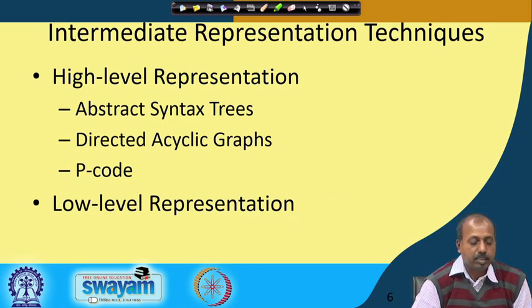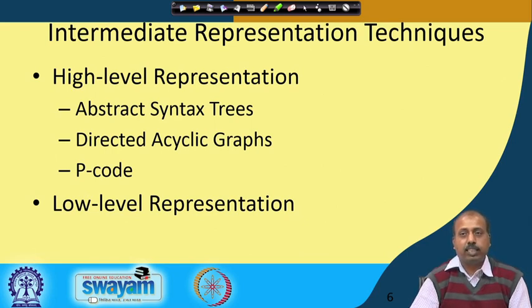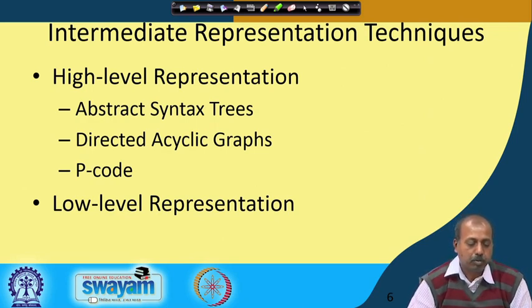So, abstract syntax trees: in some sense this is a representation of the parse tree. It is the syntax tree, and in some sense it represents the program. If you take the parse tree and convert the terminals into some other form, which may be a bit different from the source language, that may give rise to a syntax tree.